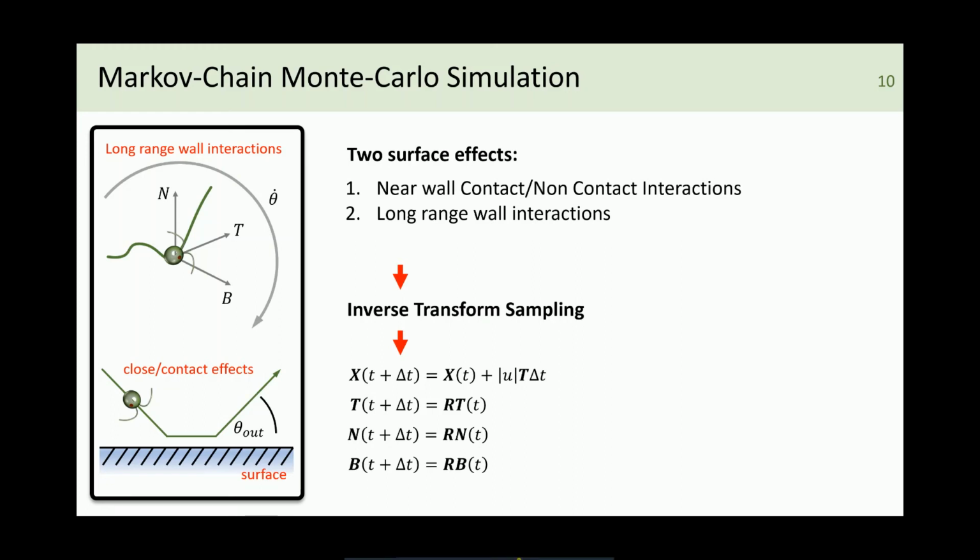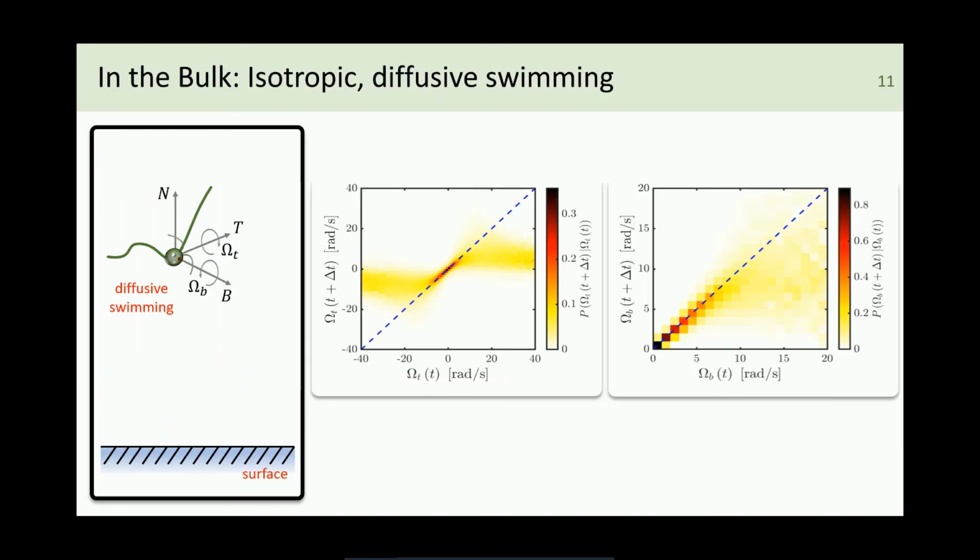So before we are ready to do our simulations, there is one more thing that we need to take into account. We've discussed the stochasticity and the distributions of a scattering event, and we've discussed the long-range interactions, but what we haven't characterized is just the swimming of a cell far away from the wall. And there is some stochasticity in that as well.